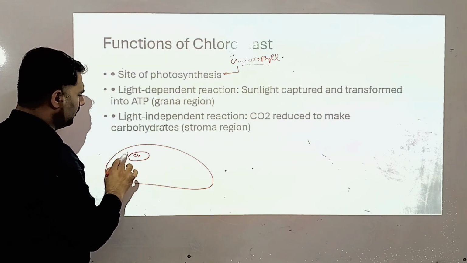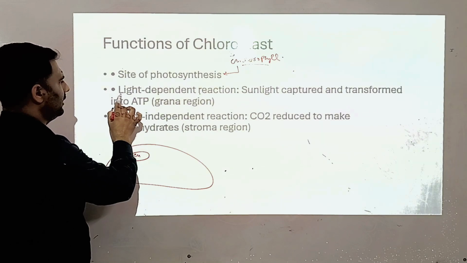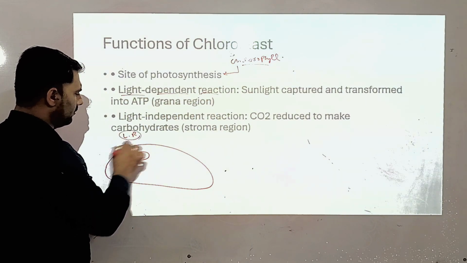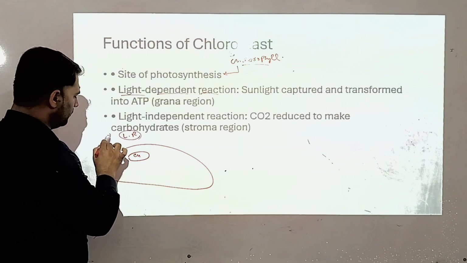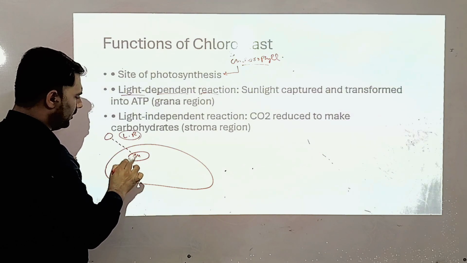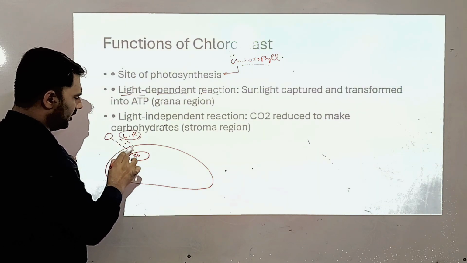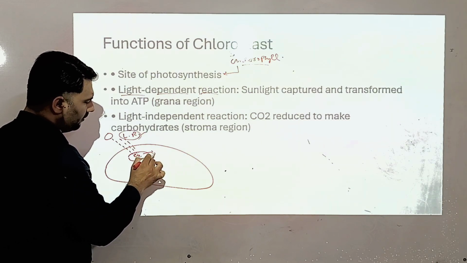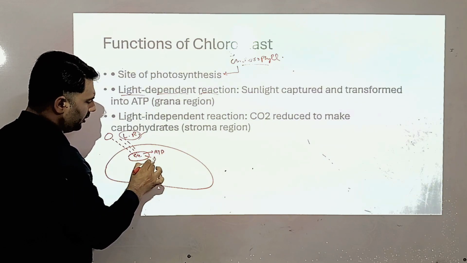This chlorophyll will first do the light dependent reaction. First is the light reaction. From the sun, the light will be absorbed by the chlorophyll, and the reaction is known as light reaction. During this reaction, two things will be formed, ATP and NADH.